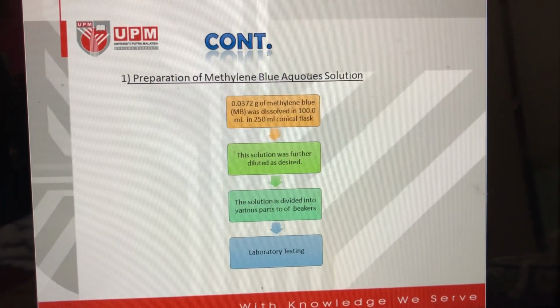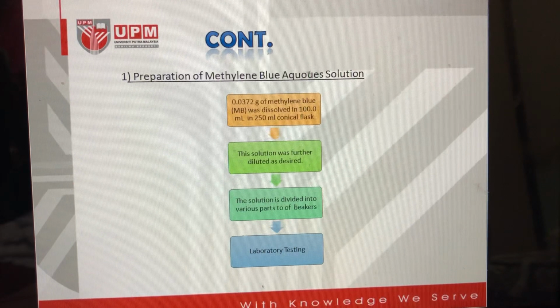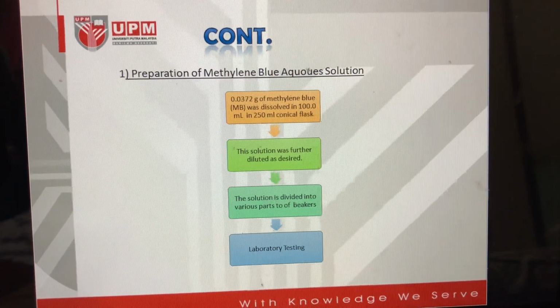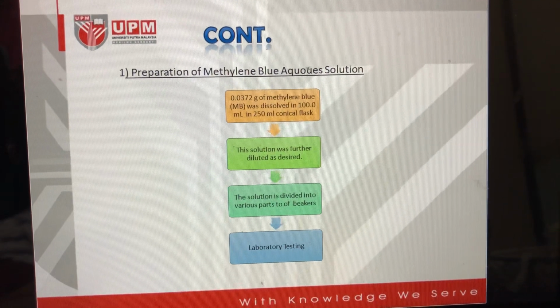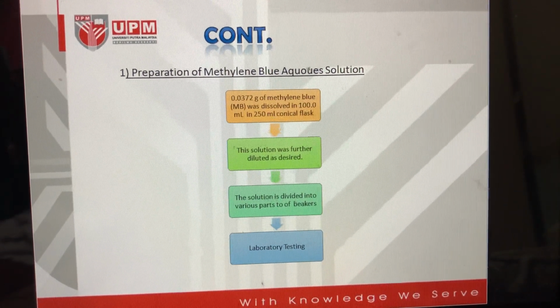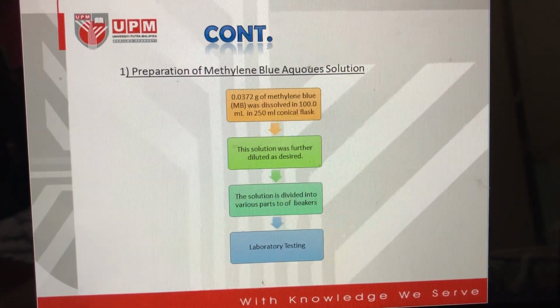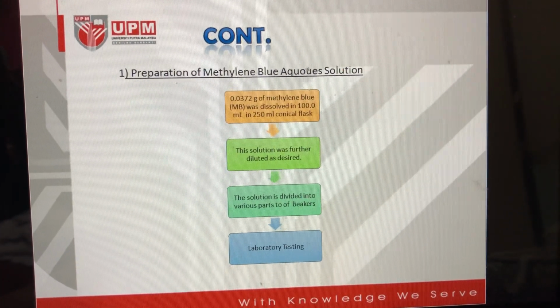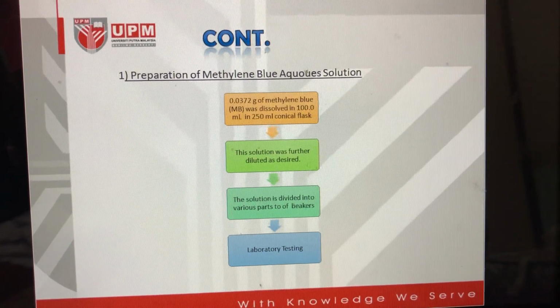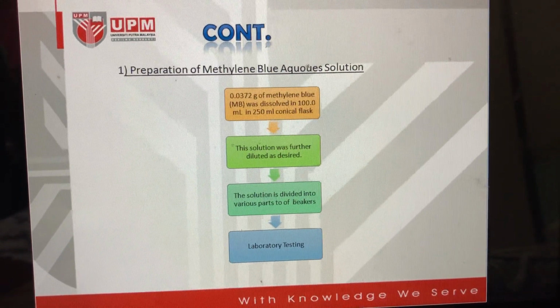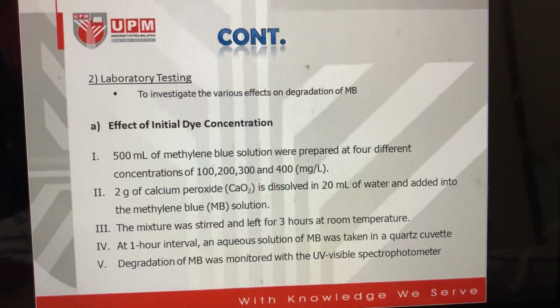During my preparation of methylene blue aqueous solution, 0.0372 gram of methylene blue will be dissolved in 100 milliliter in a 250 milliliter conical flask. This solution was further diluted as desired. The solution is divided into various beakers, and we will continue with the laboratory testing.